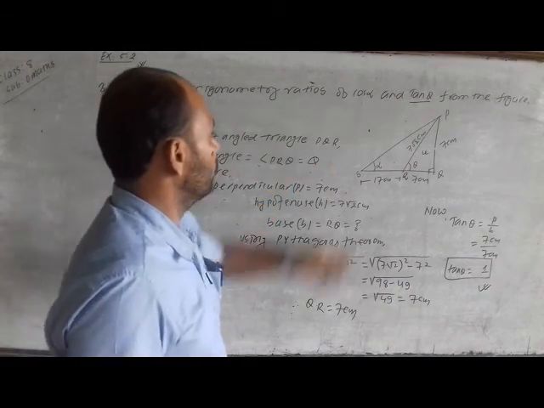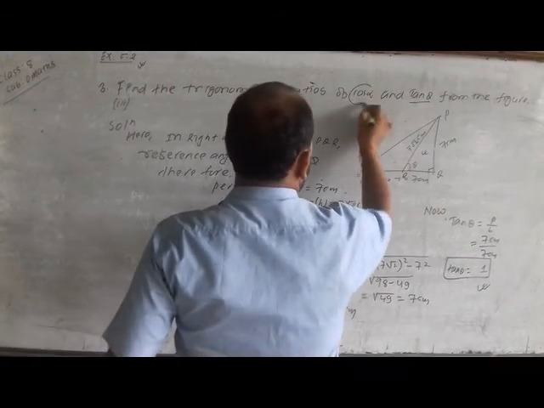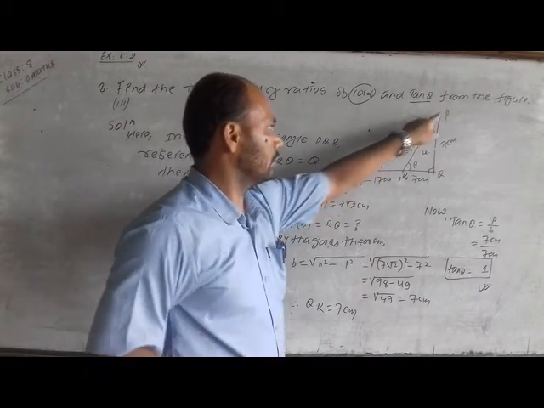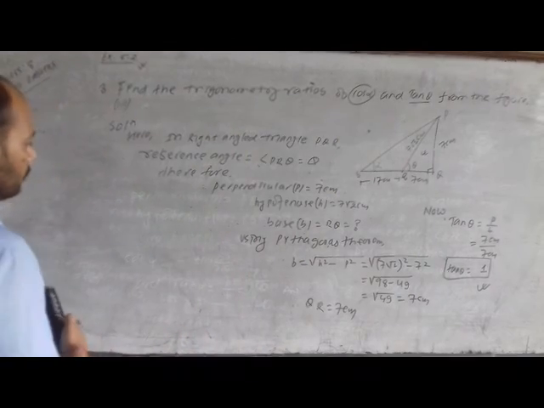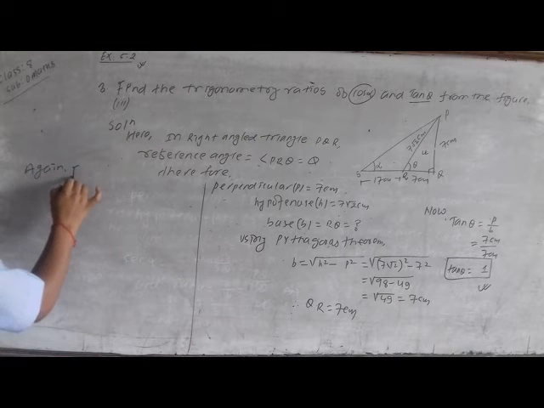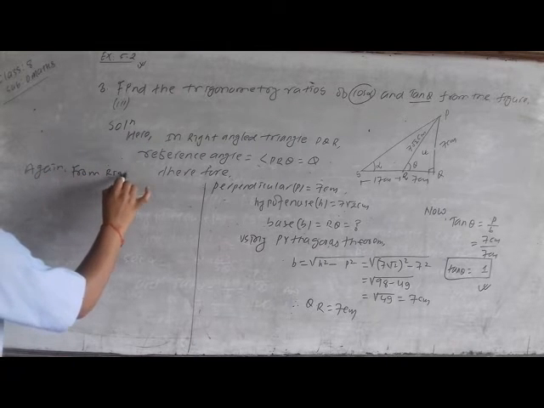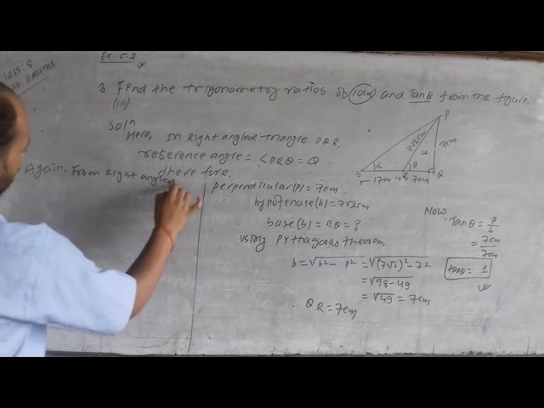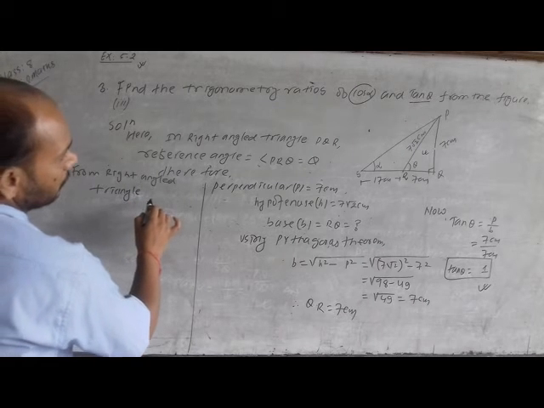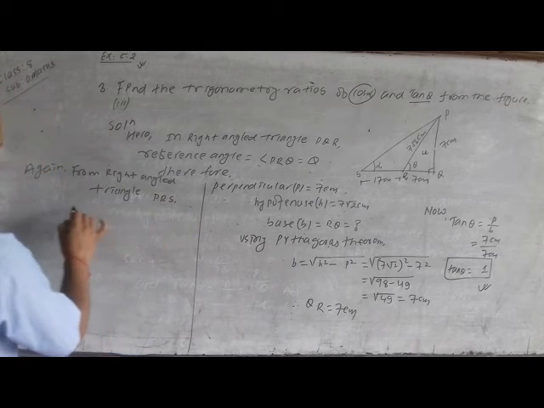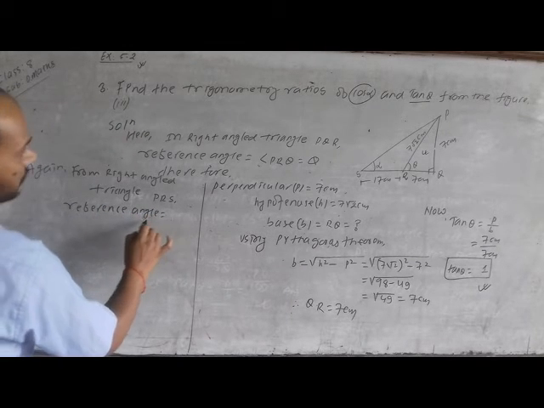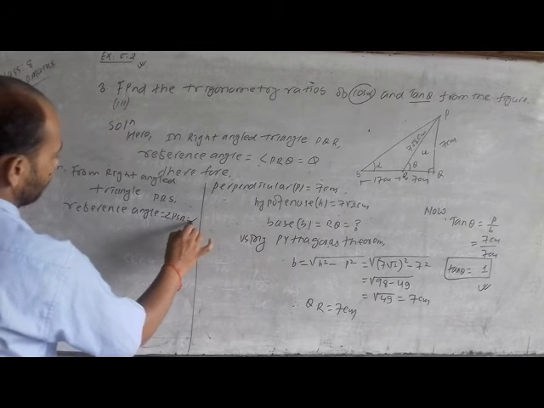Now I am going to find cos alpha. To find cos alpha, we use big right angle triangle because this is reference angle and this is for big right angle triangle. Yes. Now I am going to solve there. Again from right angle triangle PRS, reference angle. Which is the reference angle? PSR is equal to alpha.